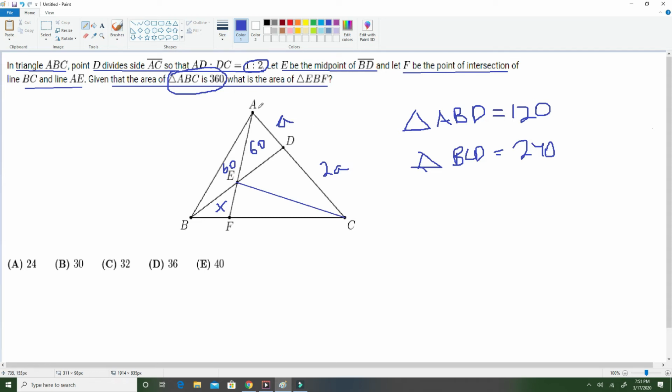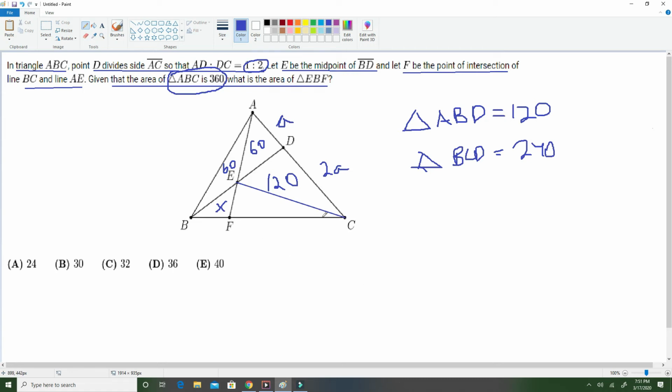Triangles AED and EDC have the same height, but just like triangles ABD and BDC, one of the bases is twice the other, so one of the areas is exactly twice the other. Since triangle AED is 60, the area of triangle ECD is 120. So we write in that the area of triangle EDC is 120.